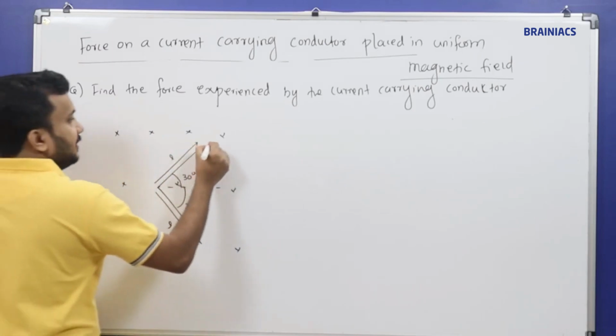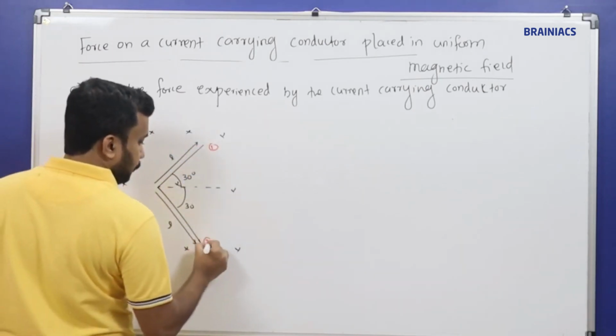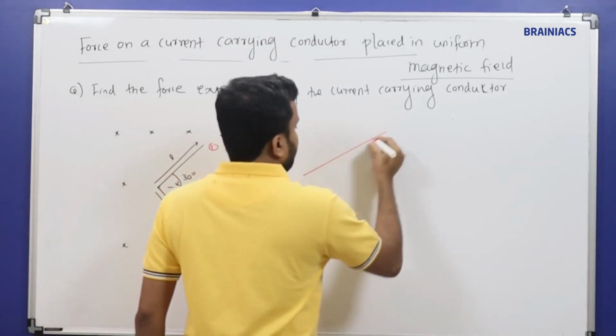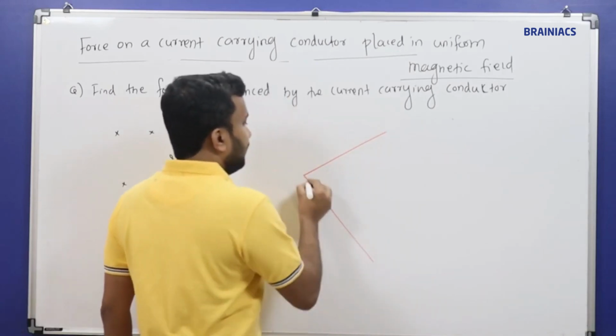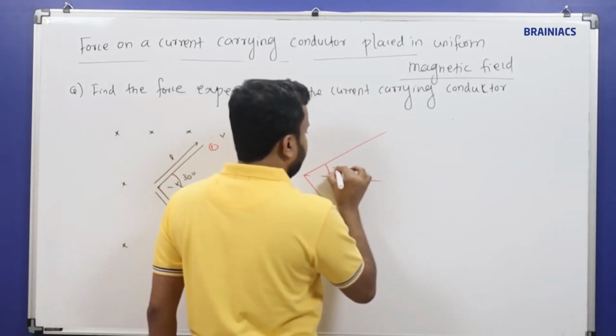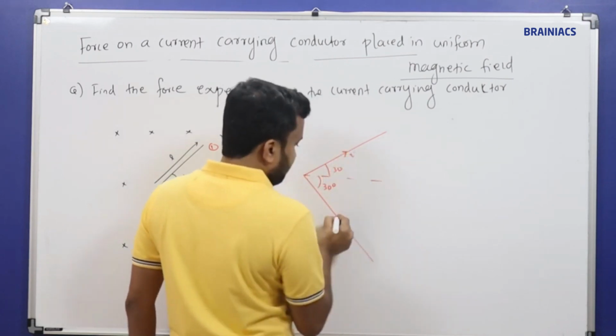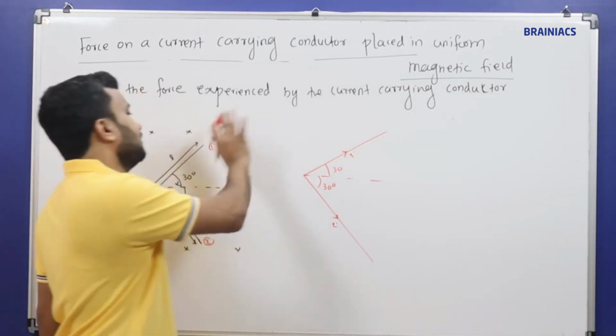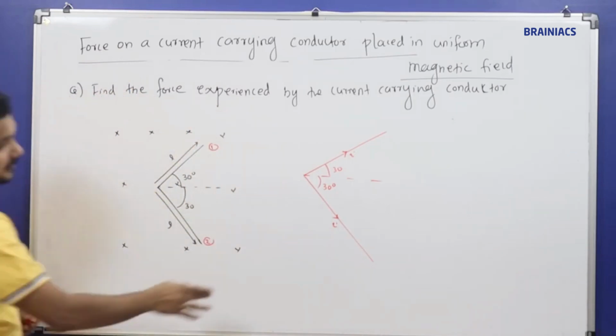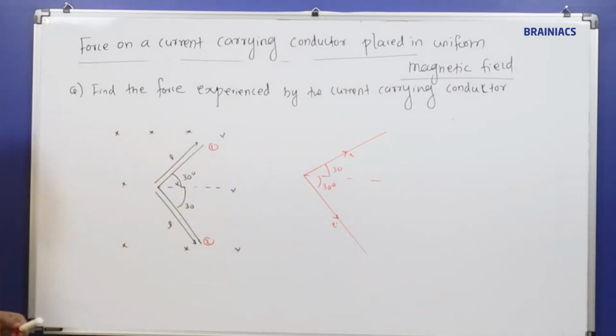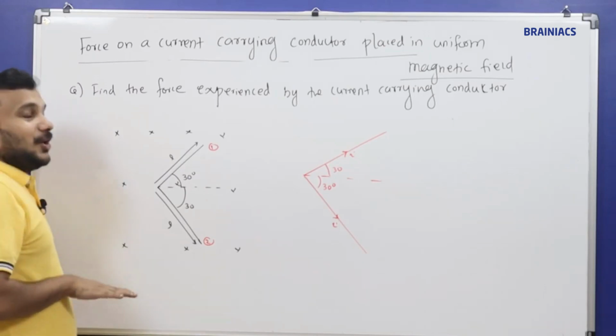Let me consider this is conductor number 1, this is conductor number 2. I am redrawing the diagram. 1 and 2 are located like this, making an angle of 30 degree to the horizontal. First current is like this, second current is like this, and the length vector is also in the same direction, same length also. So let's say L cross B.